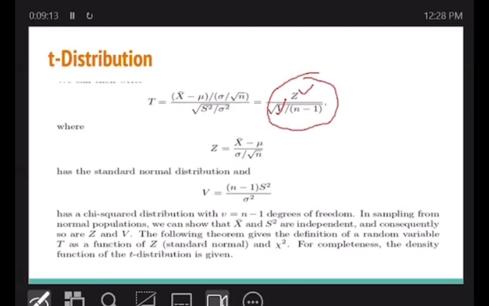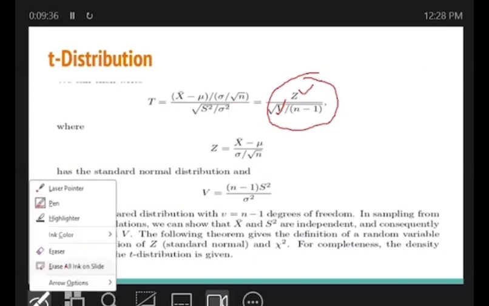Which means the T distribution can be traced to two distributions: a chi-square distribution and a standard normal distribution, because Z is a standard normal distribution. Okay, I just wanted to take note of that. Now the n minus 1 is the degree of freedom.